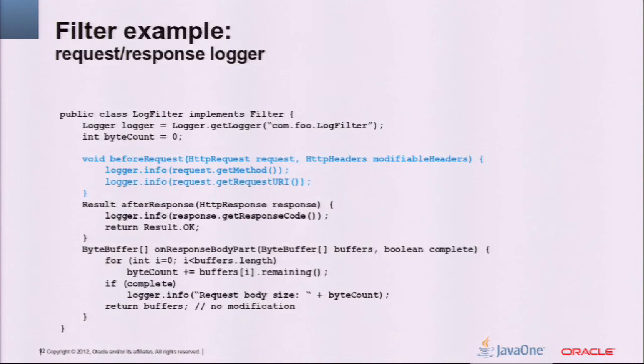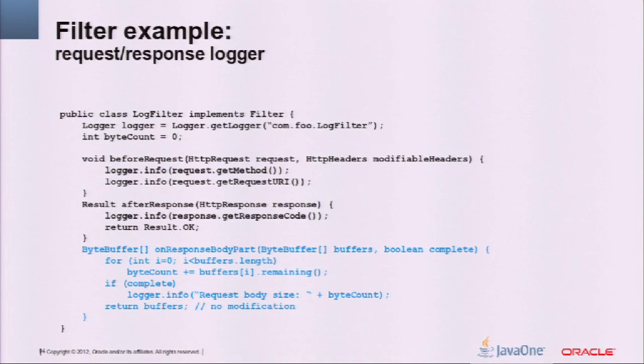So to take a simple example of a filter, this is a real simple logging filter, which you can see here. The beforeRequest method logs the request method and the request URI. The afterResponse method simply logs the response code and nothing else. And then the onResponseBodyPart method examines the returned response body.